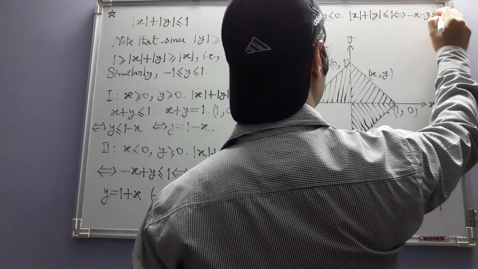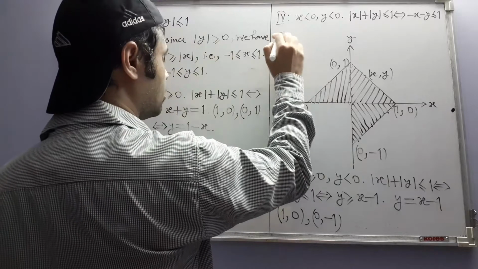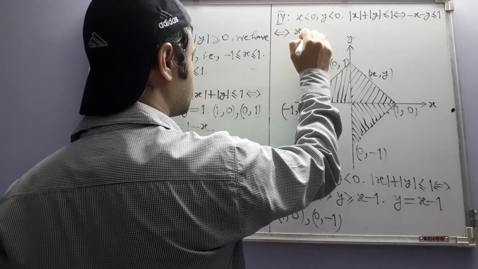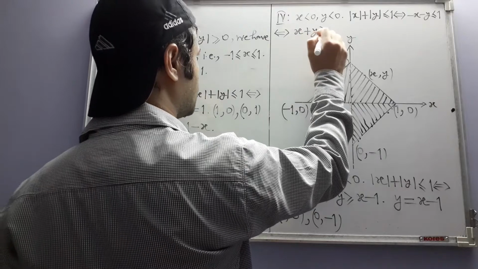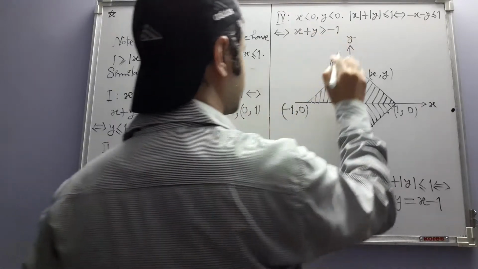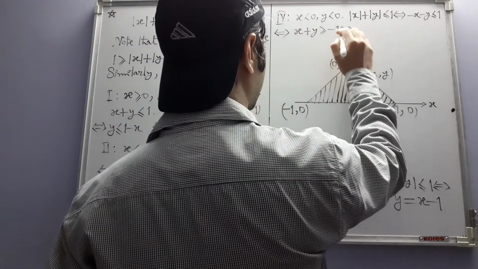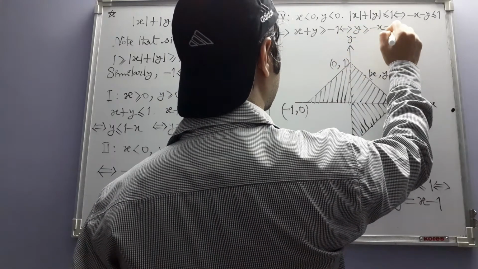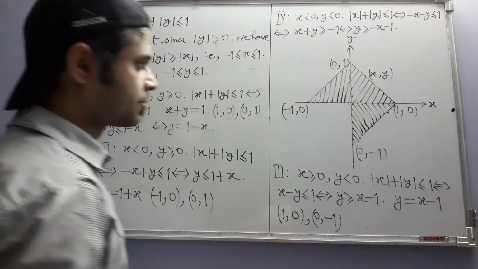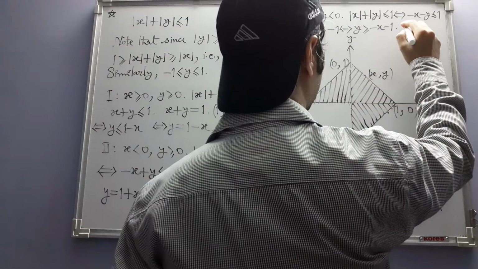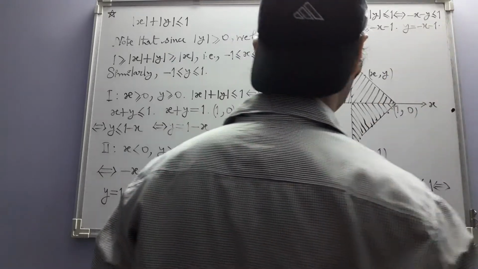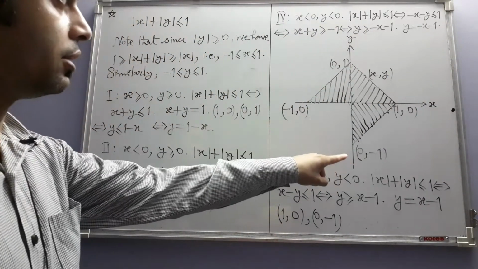Minus x minus y is less than or equal to 1, which is equivalent, if you multiply on both sides by minus 1, to x plus y greater than or equal to minus 1, or y greater than or equal to minus x minus 1. So here the equation is y equal to minus x minus 1, and they are satisfied by these 2 points.